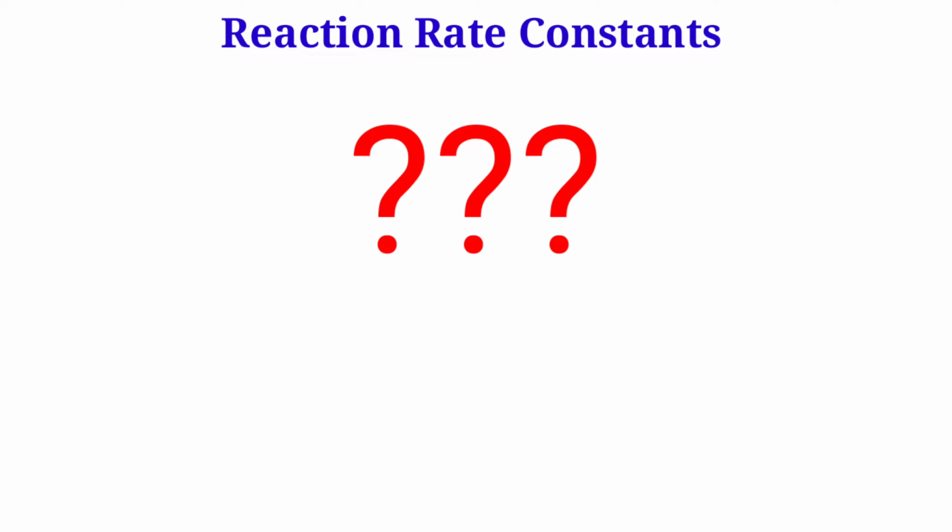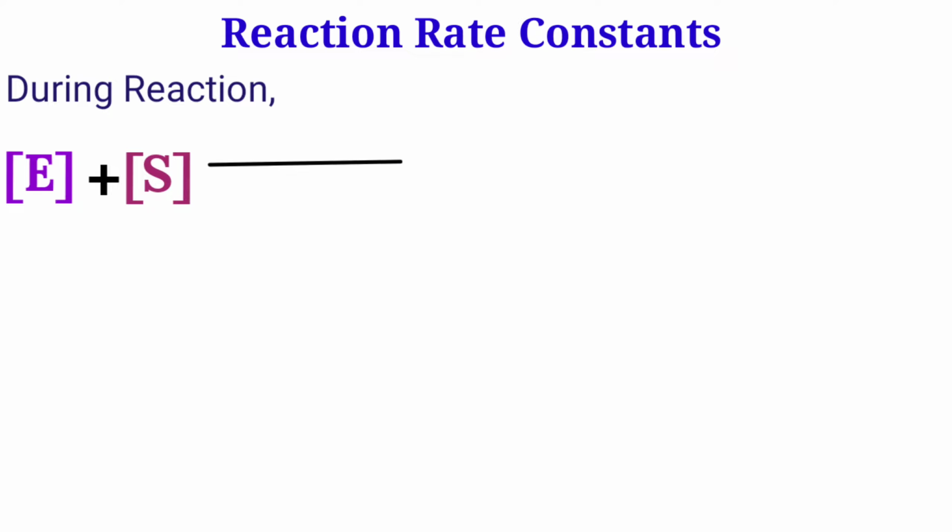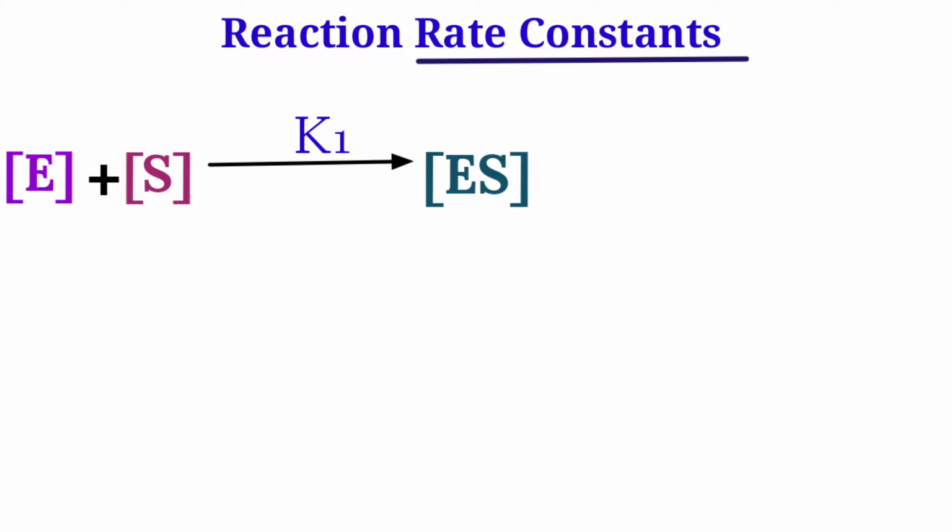So which are these reaction rate constants? Let's see. We know the enzyme binds to the substrate, which will result in the enzyme substrate complex formation. For this purpose, the rate constant K1 is used, which is depicted here.